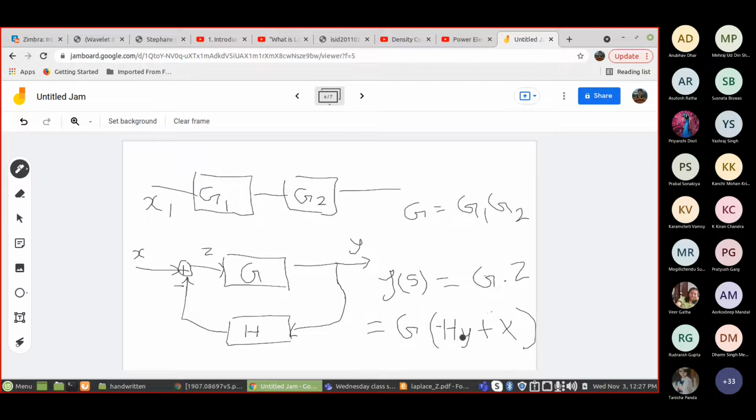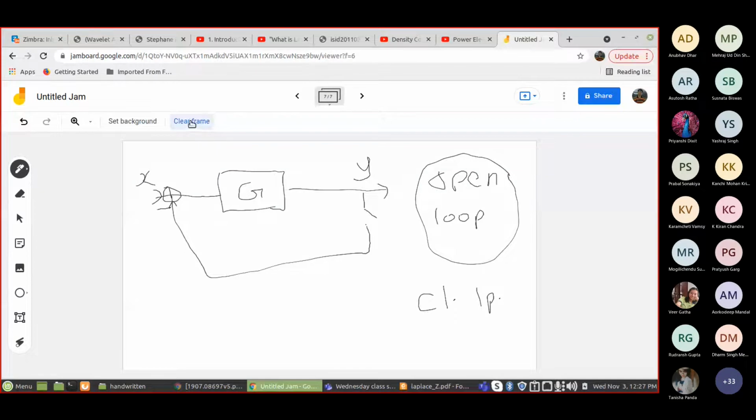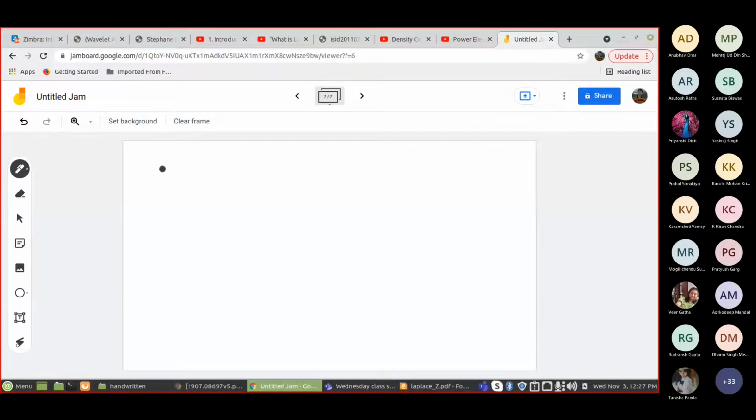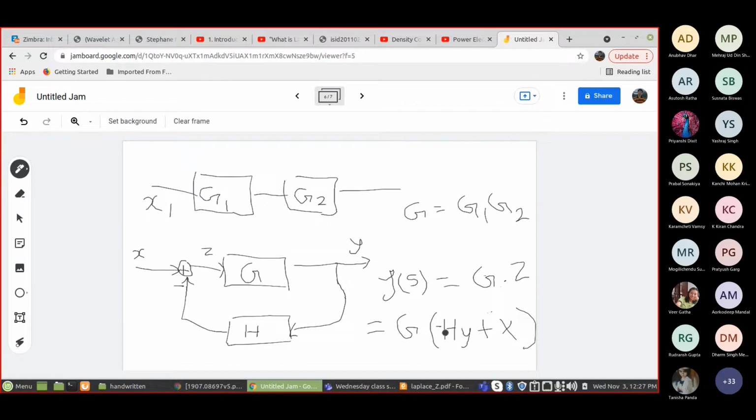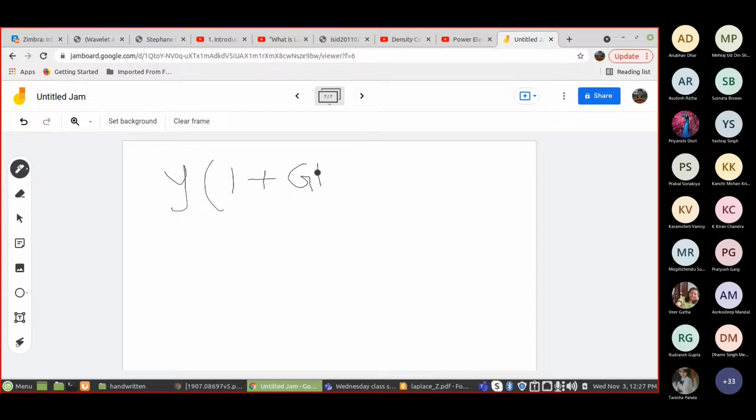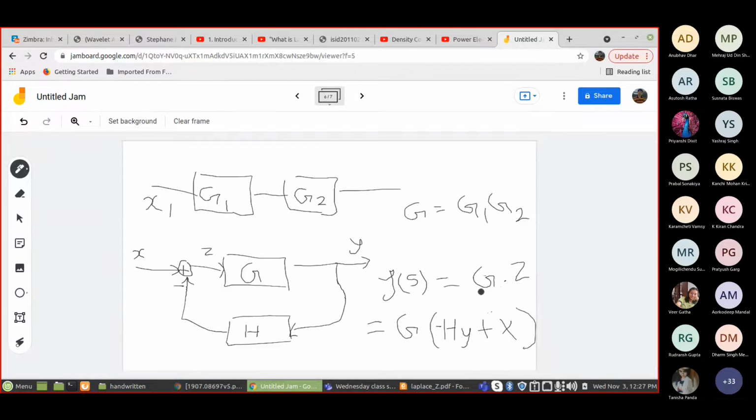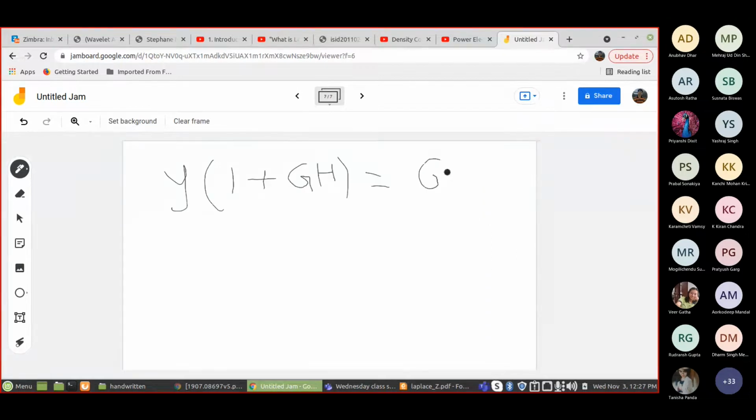Now let's take terms in y to one side. So y times 1 plus gh, since gh times y we are taking to the left. On the right we have g times x. So y over x is g over 1 plus gh.